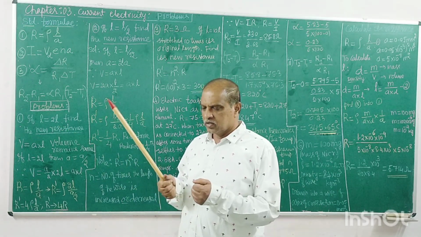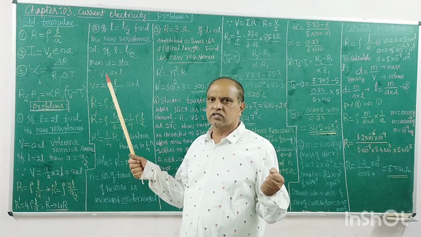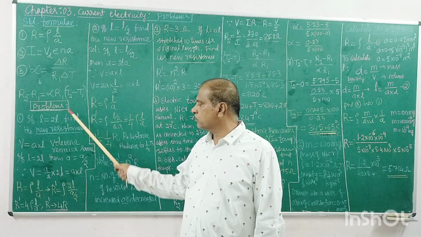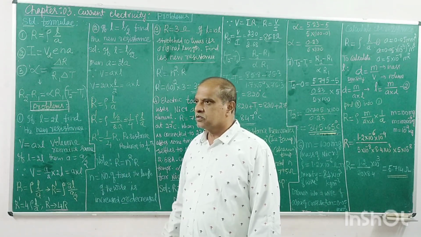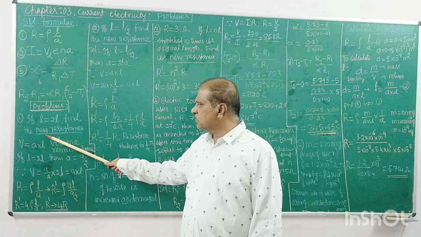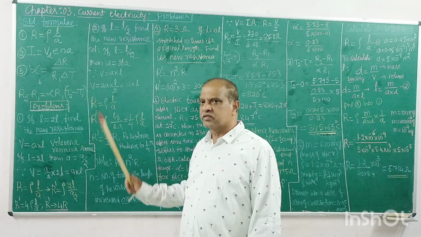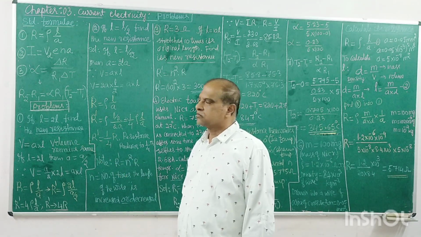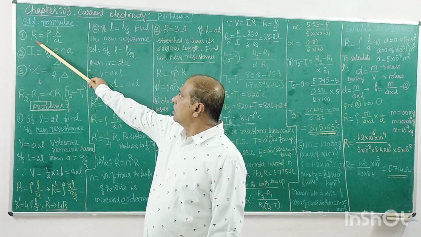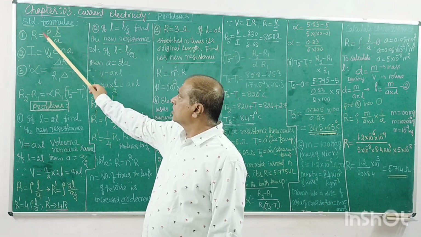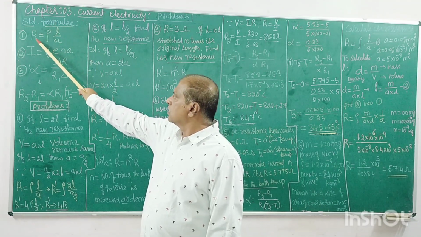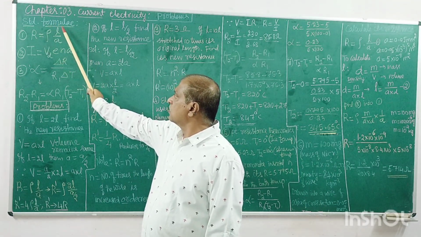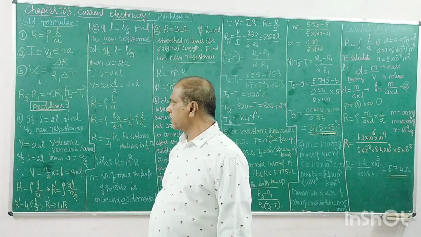The metal wire is stretched to increase the length to 2L. If that happens, what would be the resistance? Will it remain same or change? Look at this equation. R is a function of length. Definitely it changes. Resistance is a function of length of the conductor.